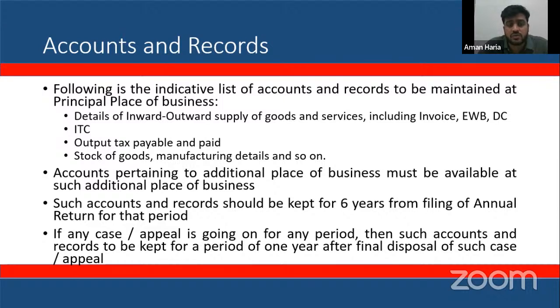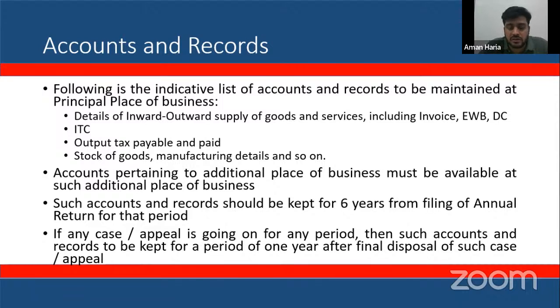Accounts pertaining to additional place of business must be available at that additional place also, in addition to being available at the principal place. So for a state, the principal place should have all the details for that particular state, including that of additional place. At additional place, you can have details regarding that specific additional place of business only.